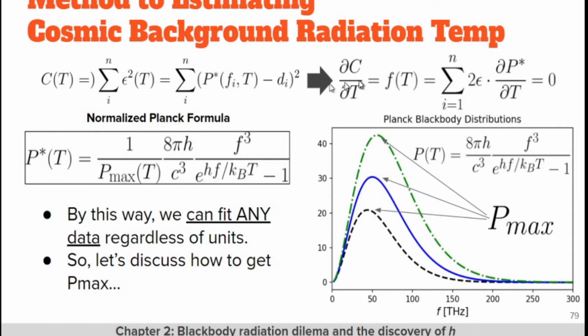It's part of this sum, and all of that multiplies by the derivative of this, which is a temperature dependent function. So that's where this comes from. This is the function that we basically need to treat as our f of T, for which we want to find the root. We want to find the temperature that makes this sum equal to 0, and that is going to be synonymous with the temperature that is the fit of the data point, which gives us the actual temperature of the black body.